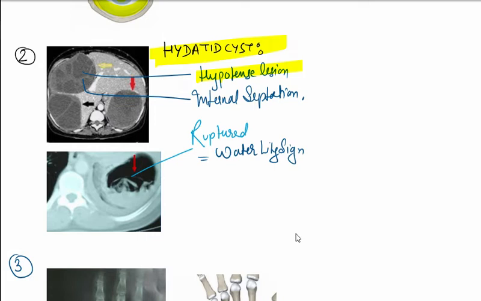So this is a hypodense lesion, and this is the right side of the abdomen, this is the left side. So on the right, it is inside the liver. And here septa are seen, that is, internal separation is seen. So this is a hydatid cyst. And one more sign is when it ruptures, it shows the water lily sign, maybe in X-ray and CT scan.